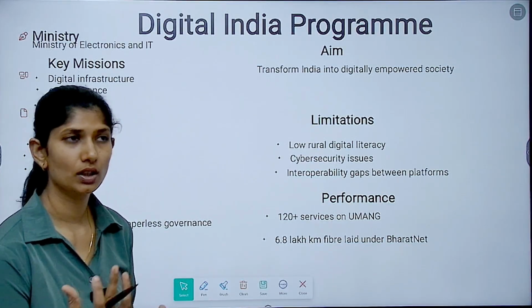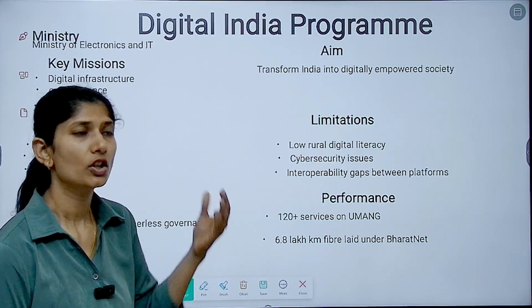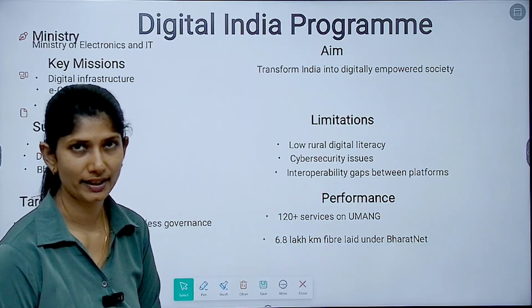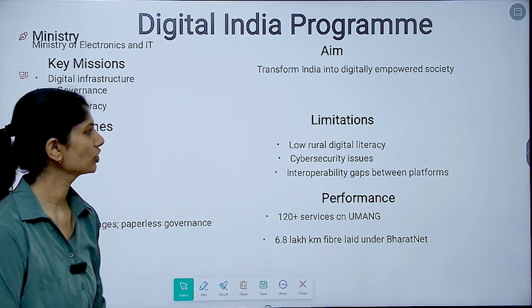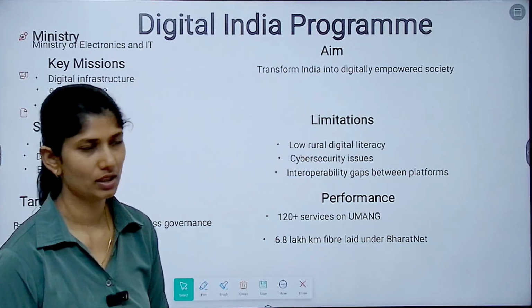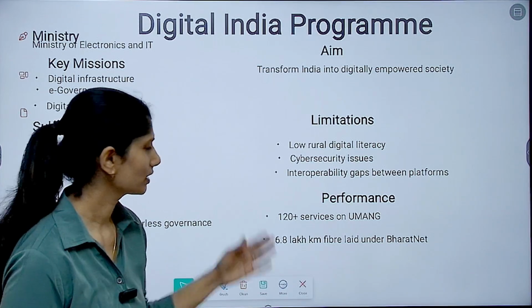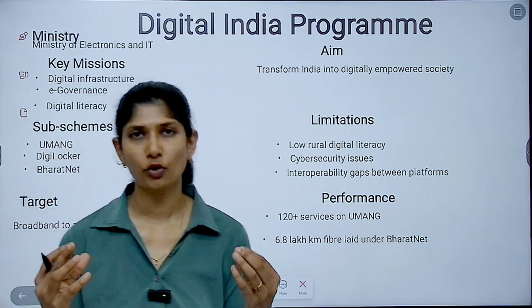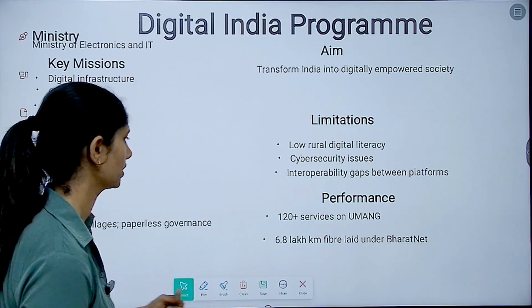Bring rural, that is where each time we kept telling urban rural divide and digitization. So this is to plug that divide. Understanding? But again, if you see what are the limitations: low rural digital literacy, cyber security issues, and also another thing is different platforms, different departments, interoperability is still very less.